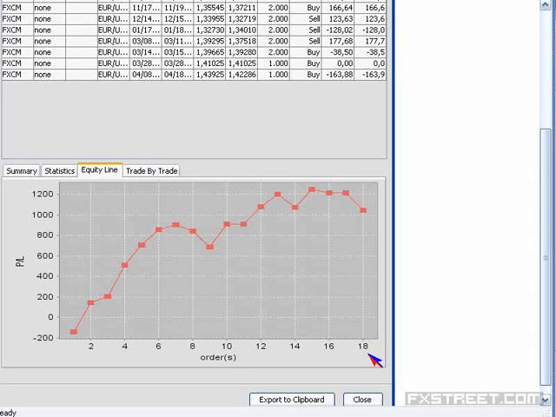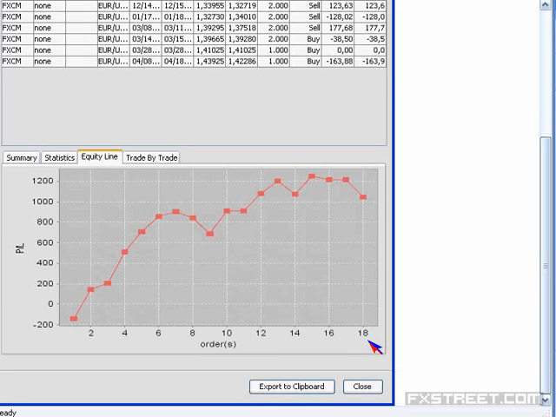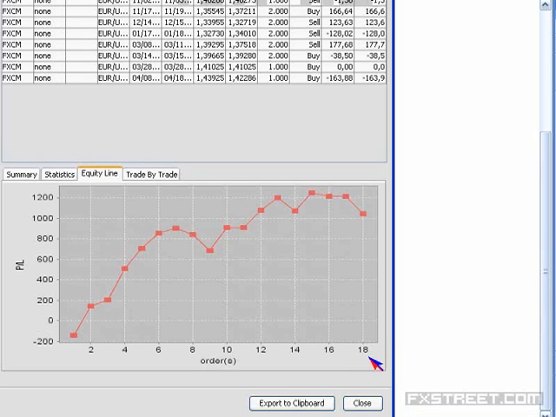Obviously, very few trades in order to draw a conclusion, but already we are having some idea that the combination of these three technical arguments may lead to a successful trading strategy.